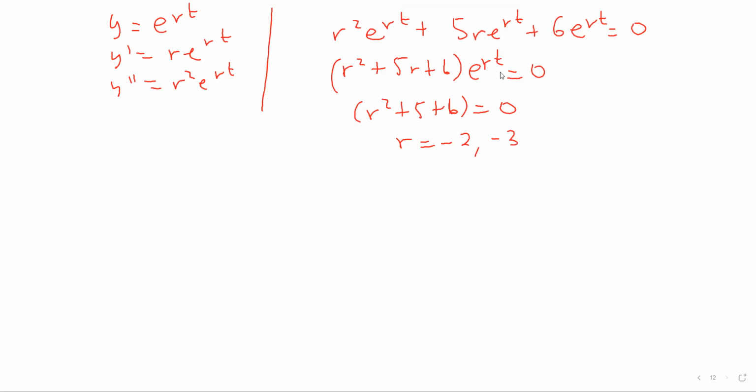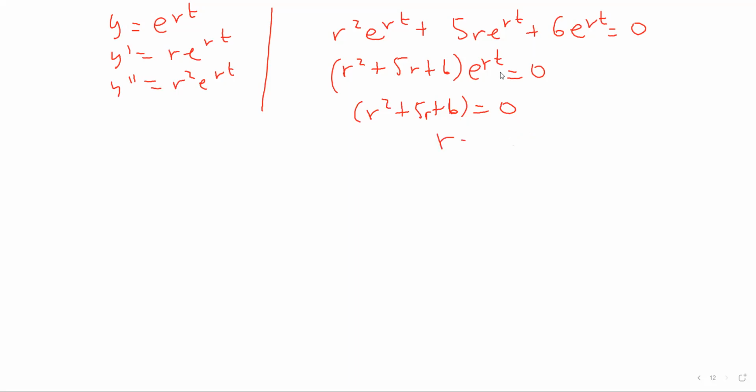Yes, you are correct, it is 5r, so we have plus 2 and plus 3 factors.